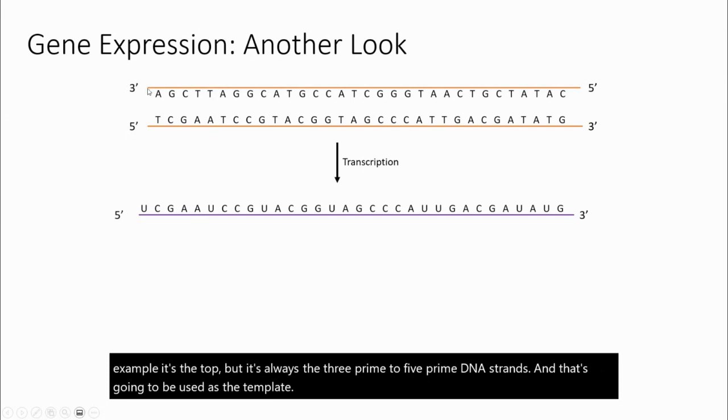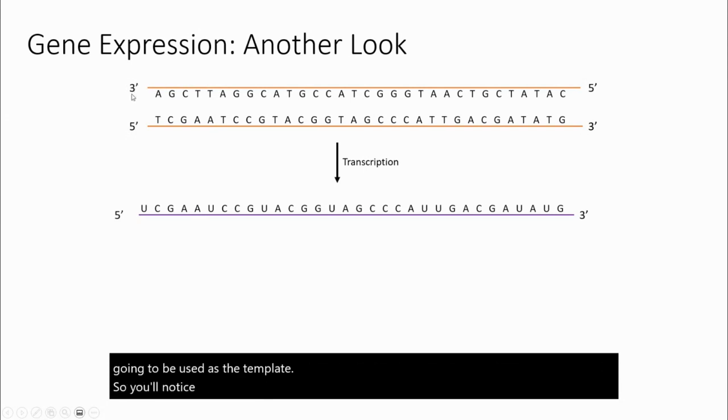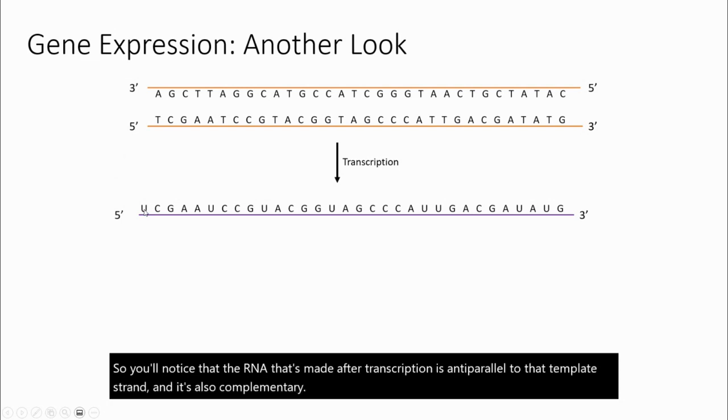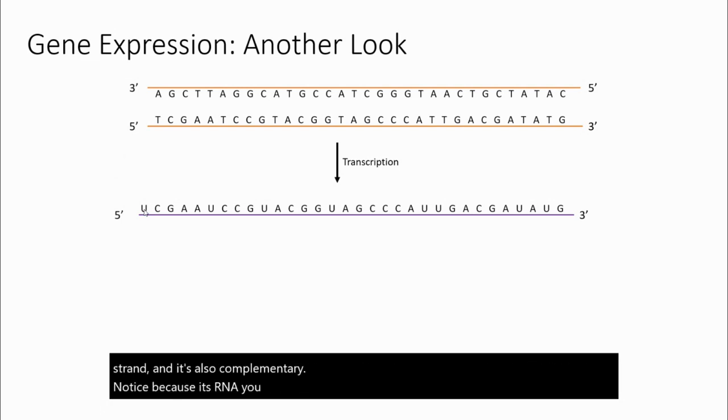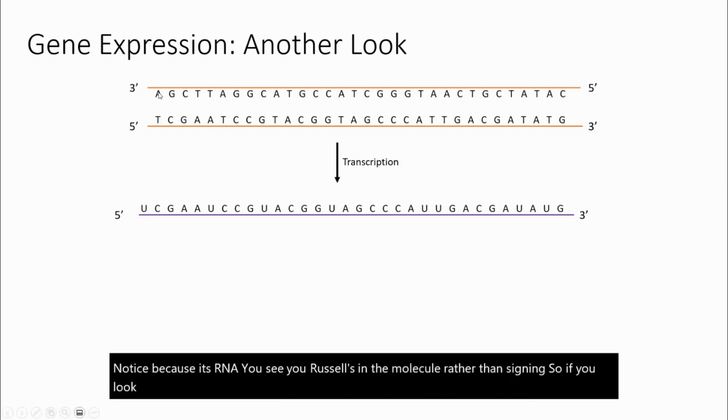Okay, so you'll notice that the RNA that's made after transcription is anti-parallel to that template strand, and it's also complementary. Notice, because it's RNA, you see uracils in the molecule rather than thymine. So if you look at that top template DNA strand, it starts with an adenine.